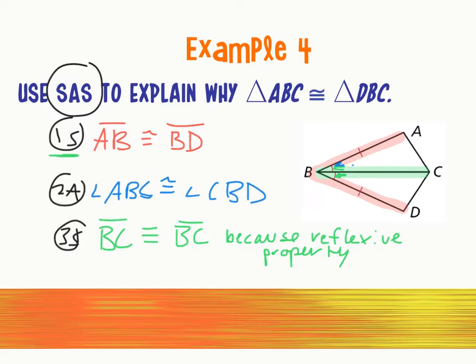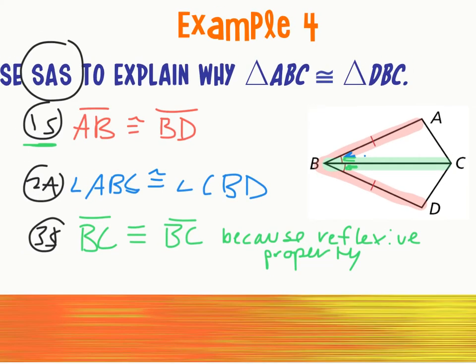We have a side, this side, this side, and the angle that is in between those sides. This angle and this angle are congruent.